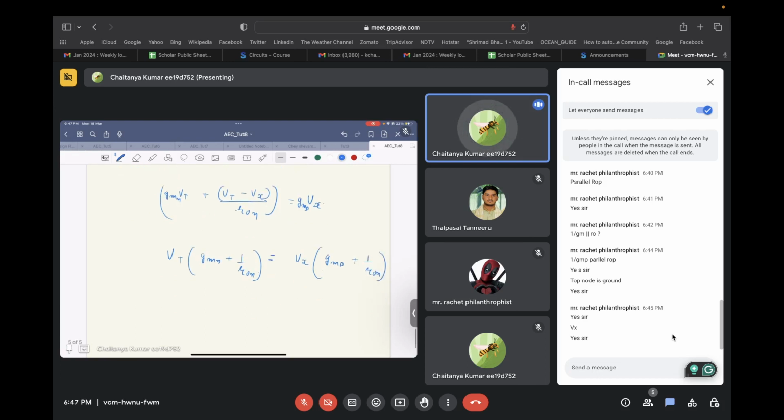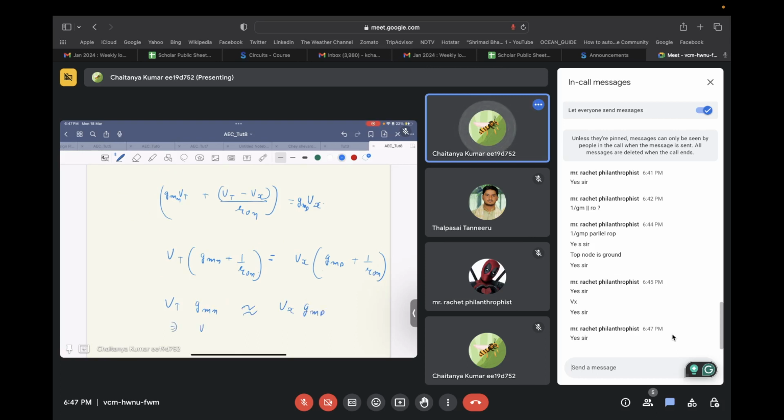Now in this case, you can see that in GMN plus 1 by RON, and in GMP plus 1 by RON, this 1 by RON can be removed, right? You understand this? So this is basically GMN Vt roughly equal to Vx times GMP.